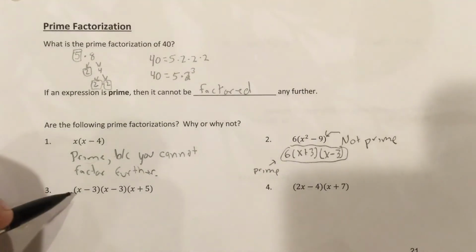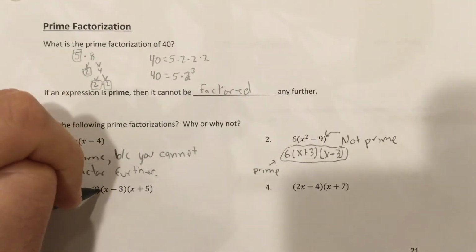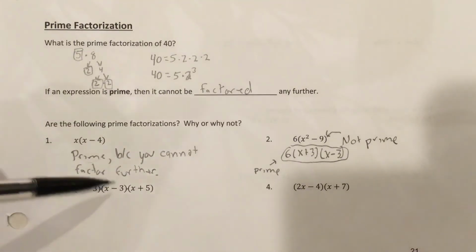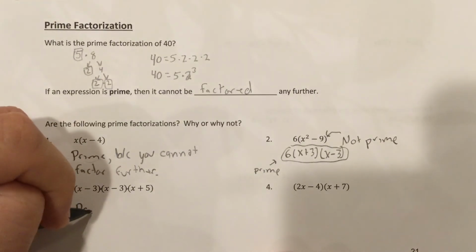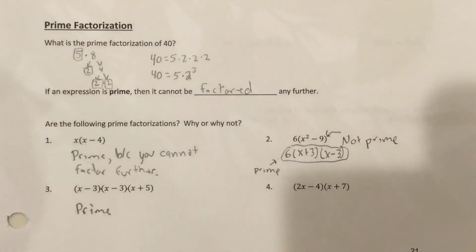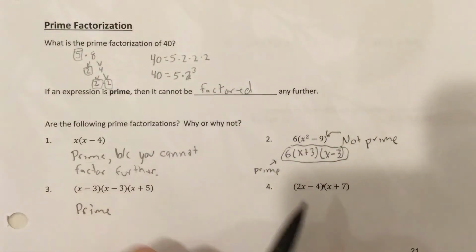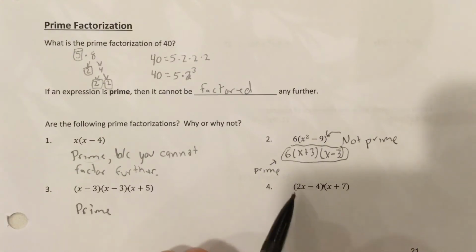If I look at number 3, it looks factored because these are all separated by multiplication. The only other thing I have to do is just look inside each factor, make sure there's no difference of squares, and there's not. So this one would be prime. Number 4, again, looks factored. However, if I look inside, notice there's a GCF here of 2.